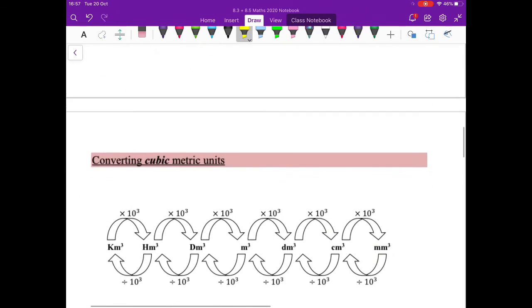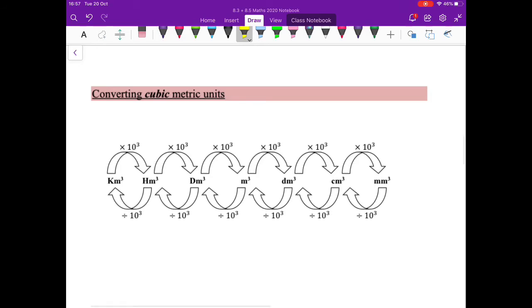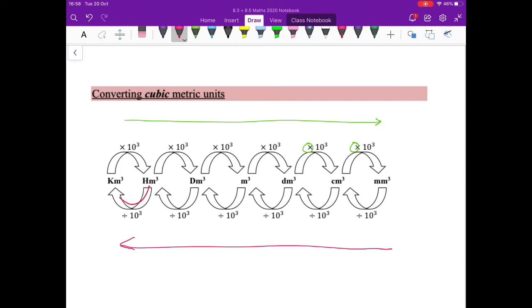Now we're going to have a look at converting cubic metric units. As I said before, you have to know how to do conversions in the metric system off by heart, there are no factor tables or conversions given to you. Once again, when I look at the ruler, numbers are getting bigger, so I am multiplying going in that direction. When I go in this direction, my numbers are getting smaller, so I am dividing.